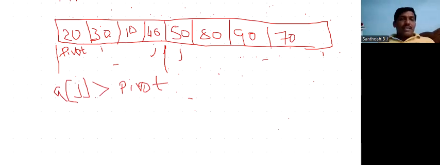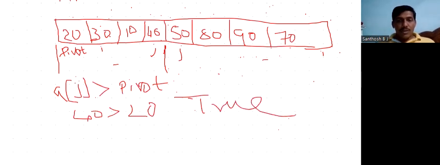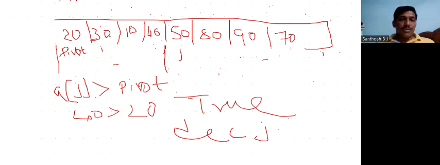For the left part of the array, j is 40. 40 is greater than 20. Yes, the condition is satisfied. The condition is true, so you decrement your j value. Decrement j, come to j here. I is here.